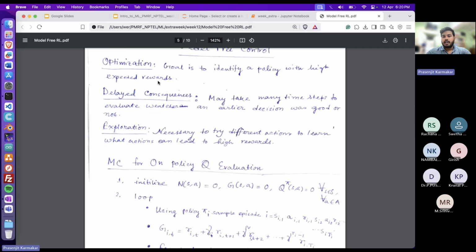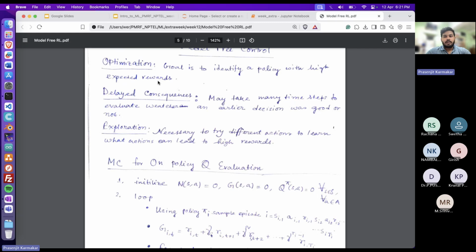Okay, so what are the properties? My actions can have delayed consequences, right? So that's why you take the return as a signal of how good or bad a state is, rather than the immediate reward. Immediate reward only gives you one step: if you take this action, how much reward you will get.